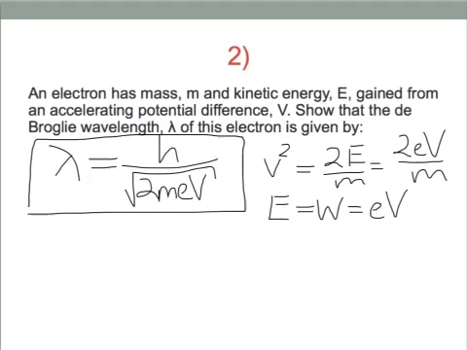Now, momentum, as you know, is mv, and that means momentum squared is m squared v squared.